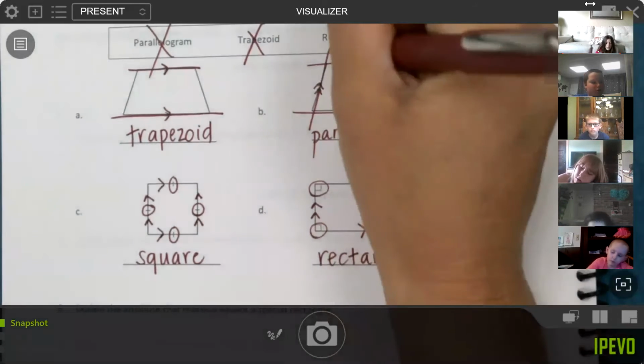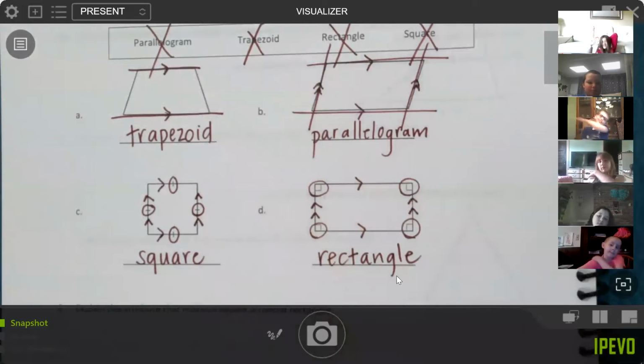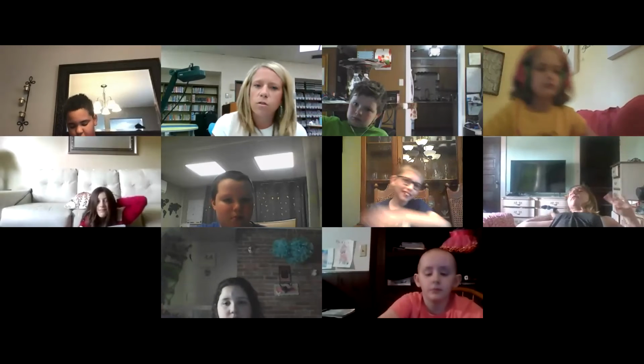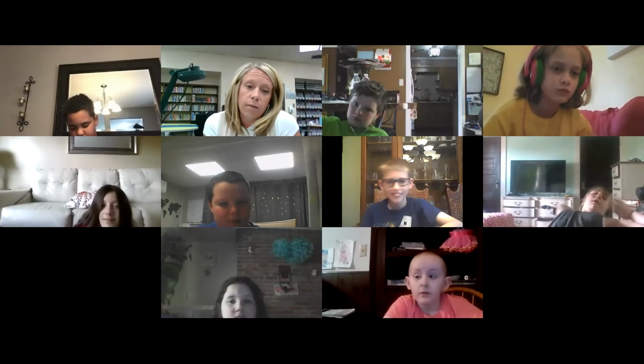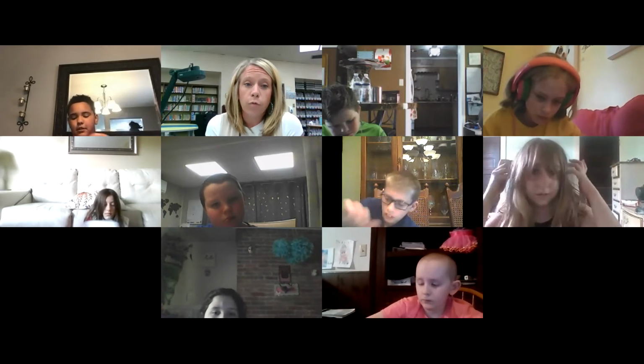Put your hand up if you got all 4 of those correct. And give yourself a pat on the back for today. Good job. Sometimes classifying these is tough just because, like Soren did say, the rectangle could be a quadrilateral, it could be a parallelogram, and there's a quadrangle because it has 4 angles.